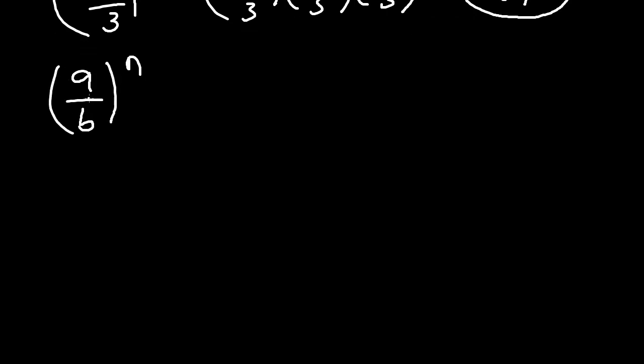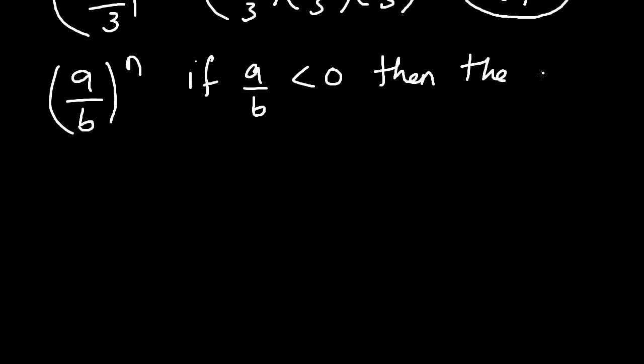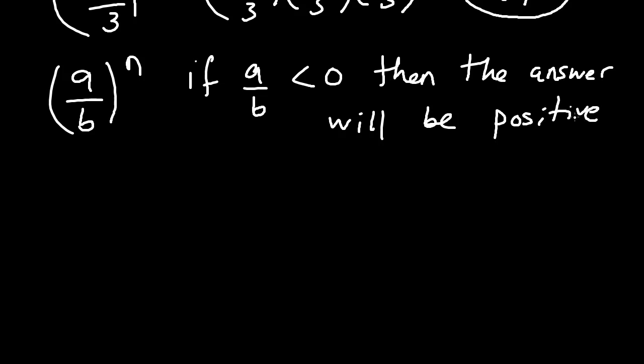If a over b is less than 0, then the answer will be positive if n is an even number, so if n is even.